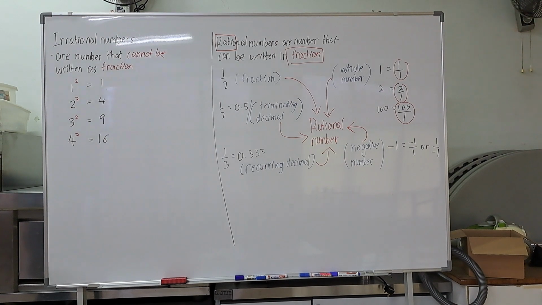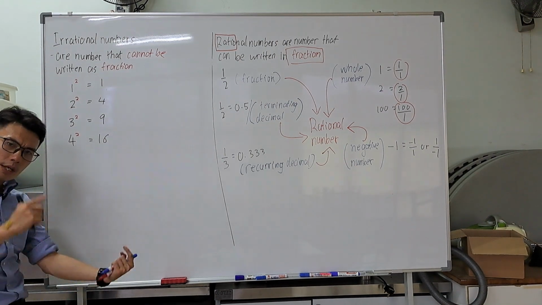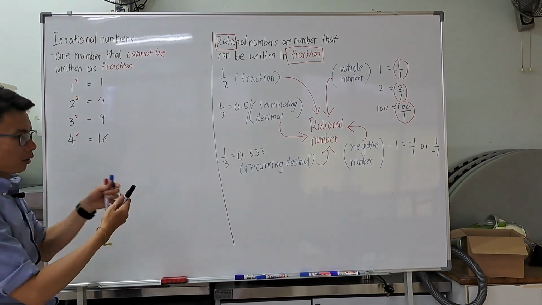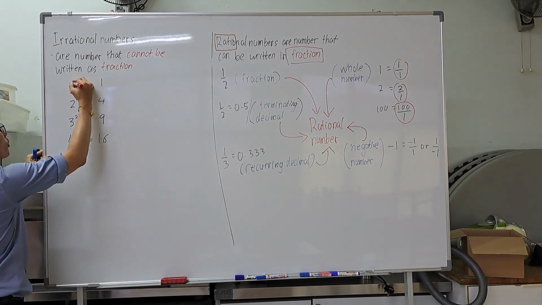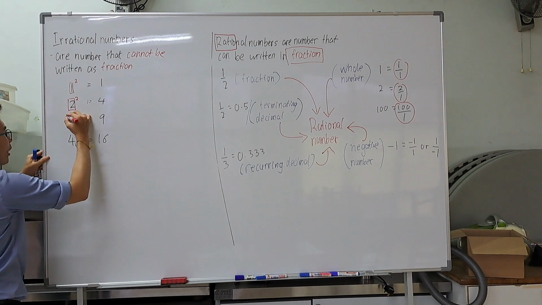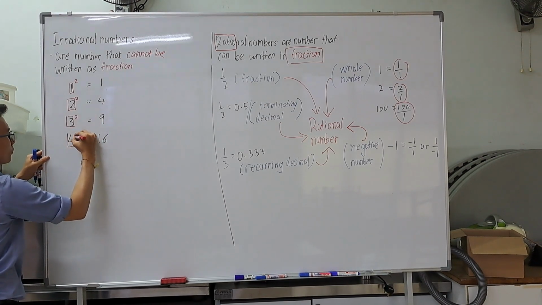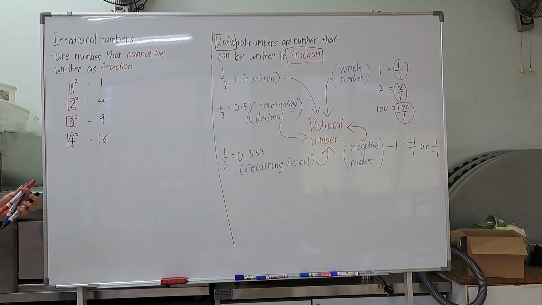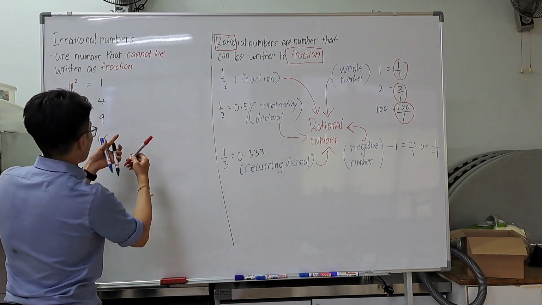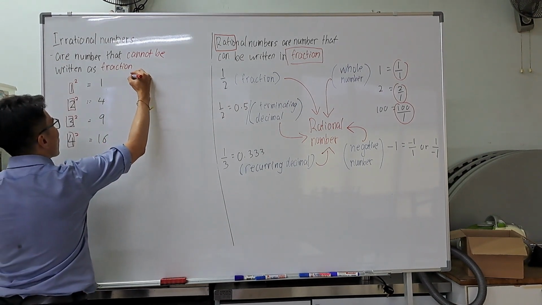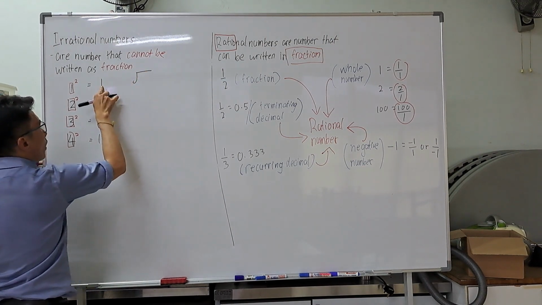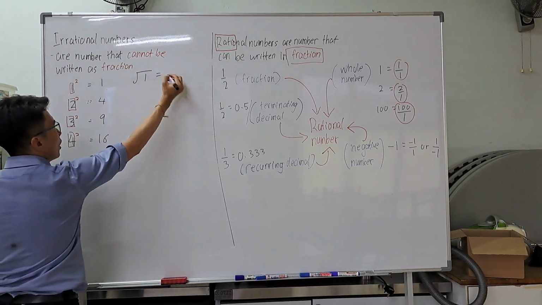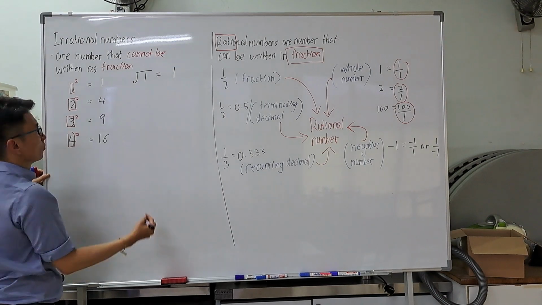Now, very similarly, we can do the reverse. What do I mean by that? Take a look at this whole number. This is the original number that I have used, correct or not? So I can also write it like this. If I take the square root of 1, I will get 1.